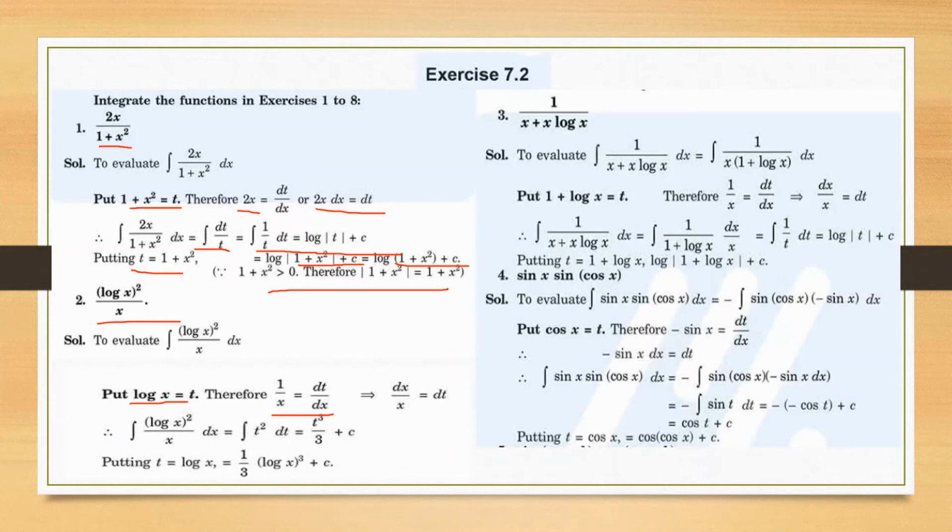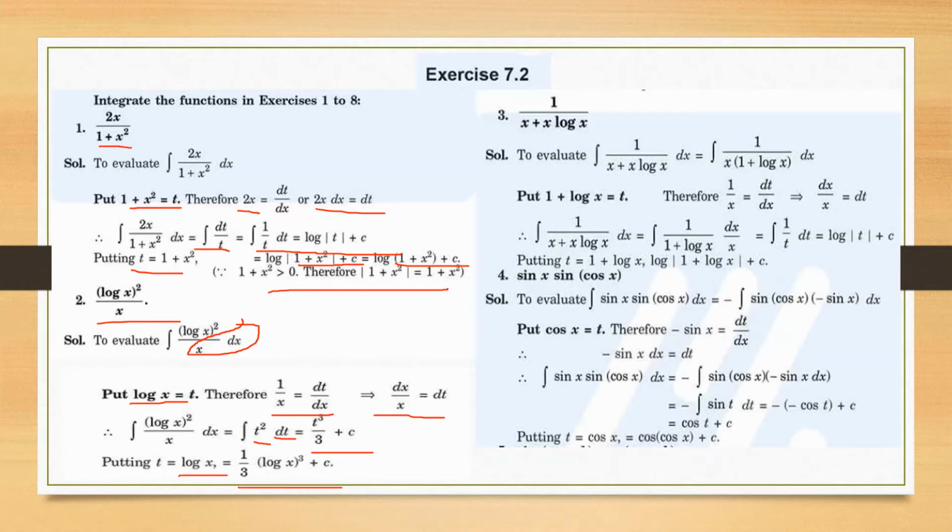Now this is dt, and this is t, so it becomes t square. So this way also the substitution can be twisted. Look for the derivative in any format. So it becomes t cube by 3 plus c. Now put back t as log x, and this is the answer.